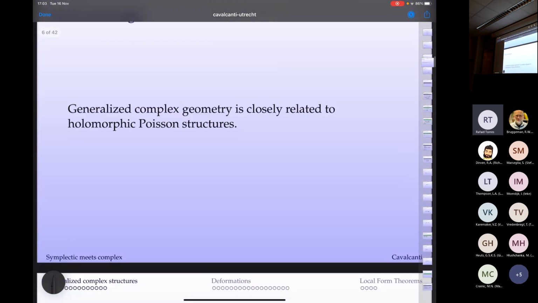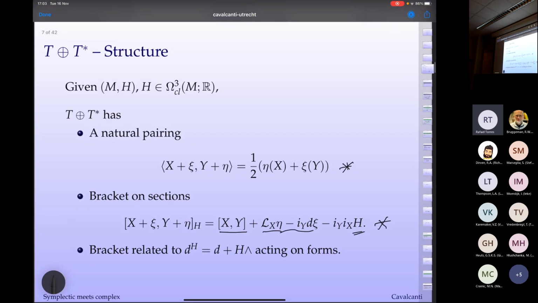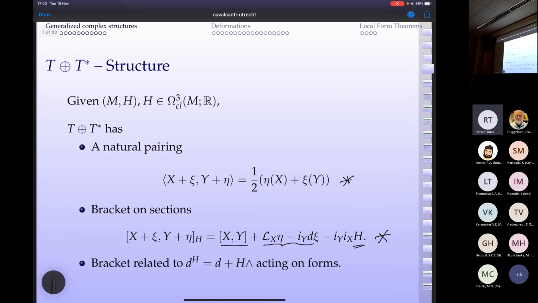Also on isotropic L, the bracket becomes symmetric. That's right. So this particular expression, you should think of it as the derivative of y plus eta in the direction of x plus psi, and it's just not a symmetric operation. And pretty much all the time when you do geometry on T plus T star, we look into isotropic spaces.